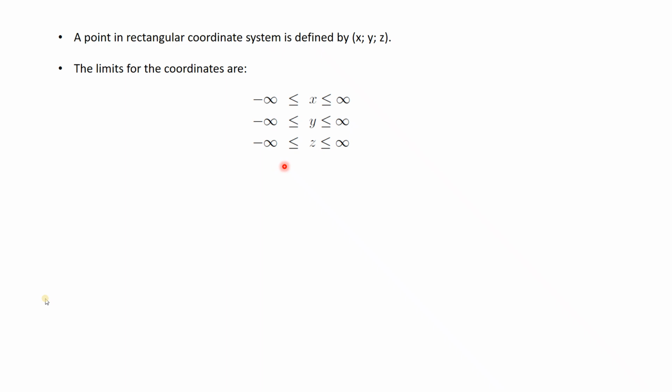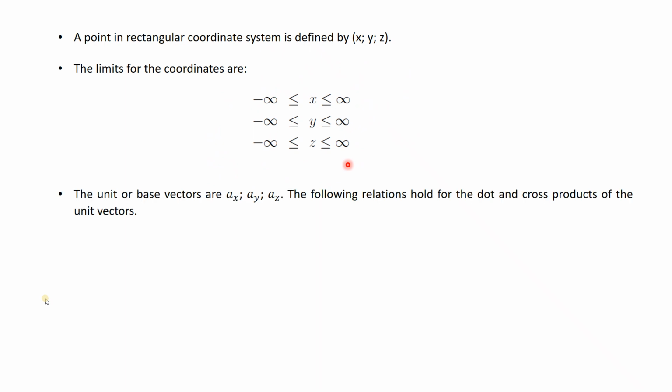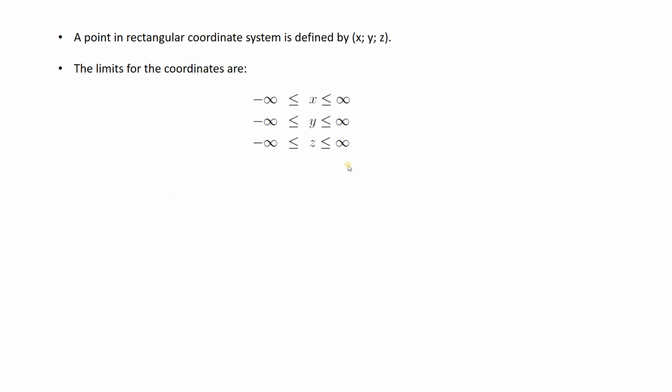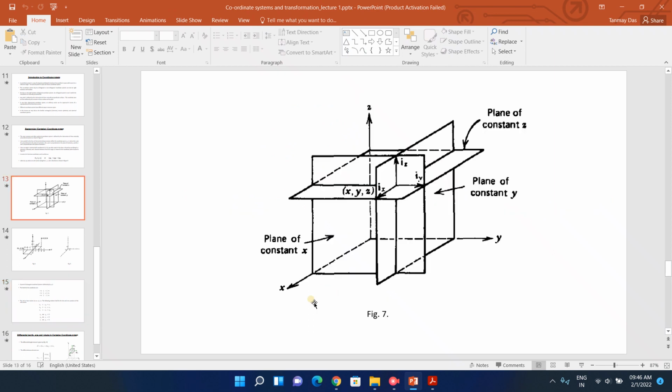Because in the spherical coordinate system one coordinate is not represented by values or magnitude, it is represented by an angle, and in the spherical coordinate system 2 coordinates are represented by angles. So infinity will not come in that case. But in the Cartesian coordinate system we don't have any angle, we just have measurements, distances. So all the coordinates have an infinite range, -infinity to +infinity.